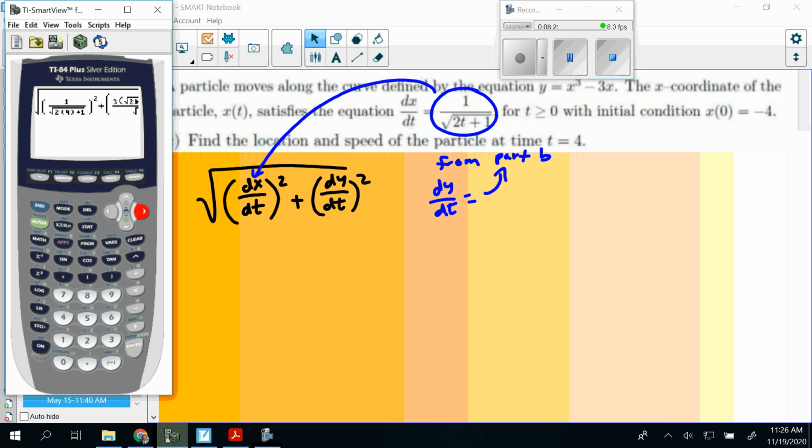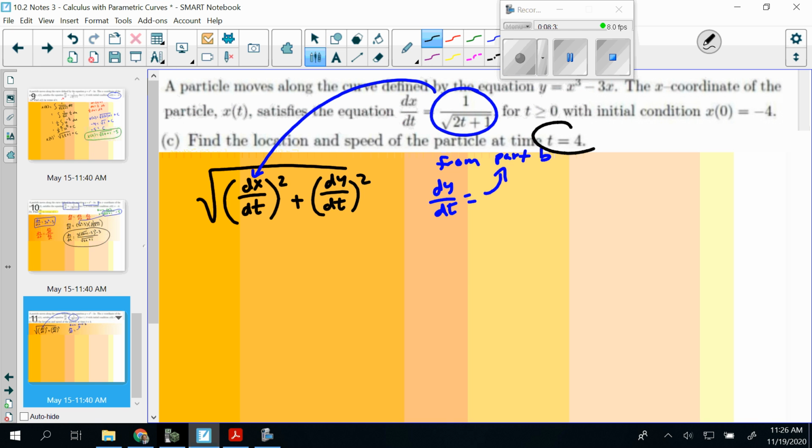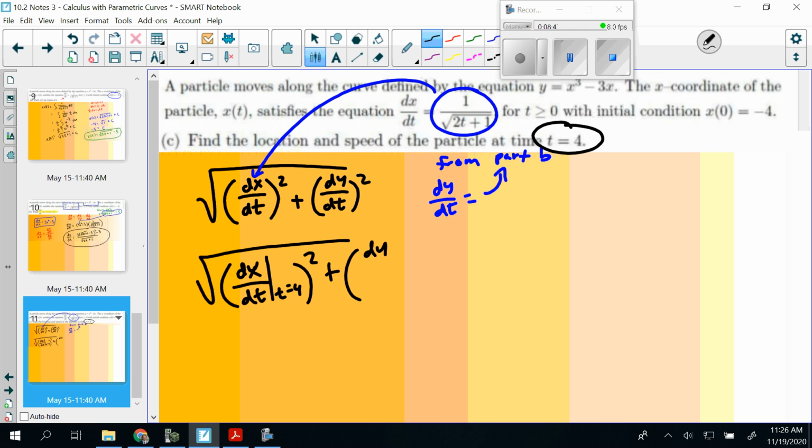All right, so I've typed all this in here. We do want to make sure when we're doing this that we are inputting 4 for all the t's. So we're doing this dx dt here at t equals 4 squared. Same with our dy. Here, I'm going to write it a different method. So this would be our derivative of x at 4 squared plus our derivative of y at 4 squared.